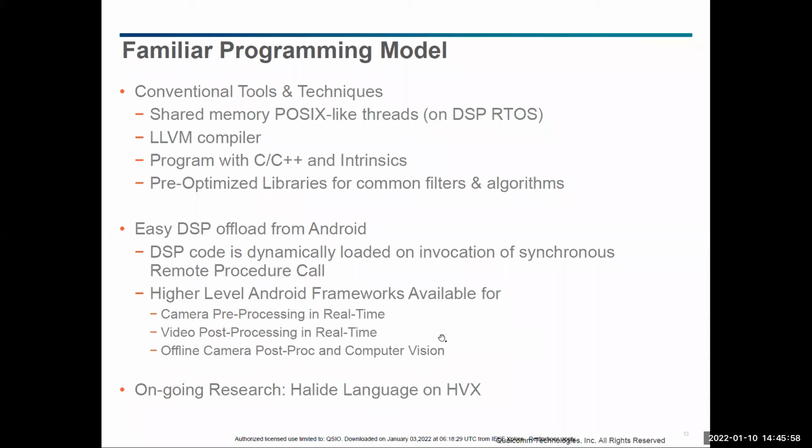As I mentioned, the apps processor is the master processor that initiates any communication to the DSP. So the camera team in Qualcomm takes care of writing that control code, which gives the decision power of whether the whole application needs to run natively or get offloaded to the DSP.